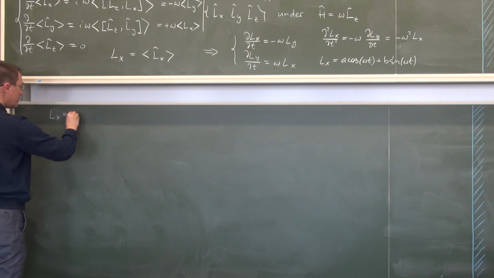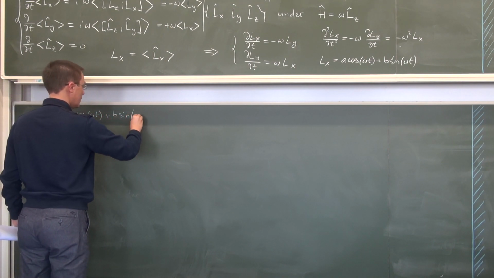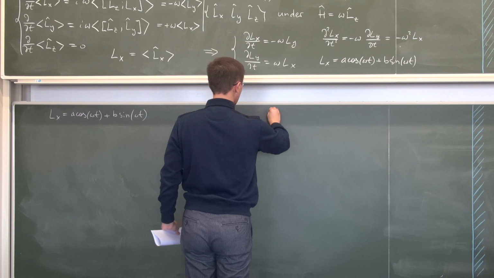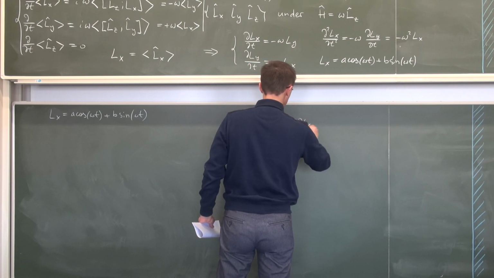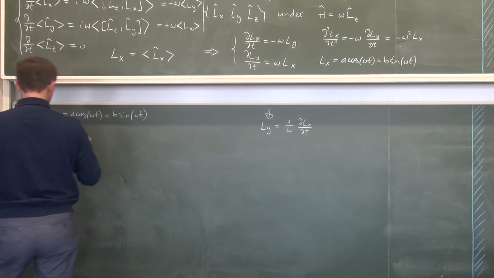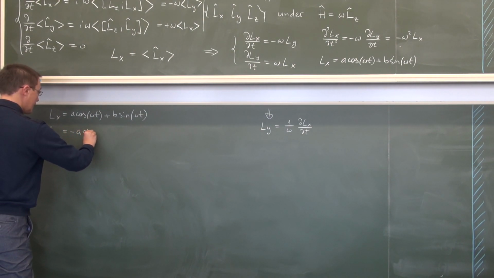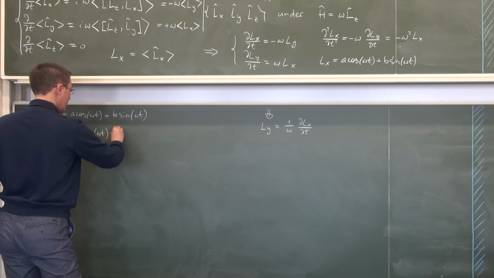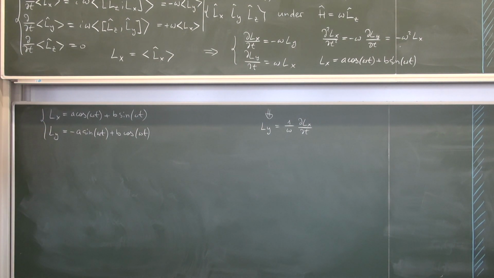Lx is a cos omega t plus b sine omega t, and then Ly from here we conclude that Ly is 1 over omega dLx by dt, and therefore this is going to be Ly equals, so the cos would give us a minus sine, minus a sine omega t, and then sine would give us plus the cos, plus b cos omega t. And these are the general solutions for that.